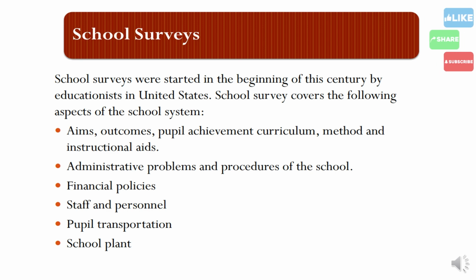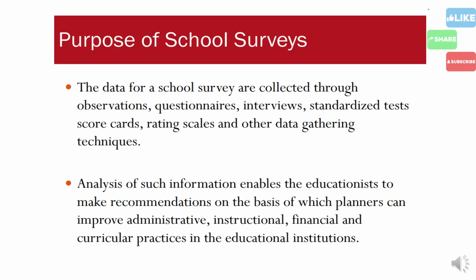and school plant. Now there is the purpose of school survey. The data for a school survey were collected through observation, questionnaires, interviews, standardized tests, scorecards, rating scales, and other data gathering techniques.